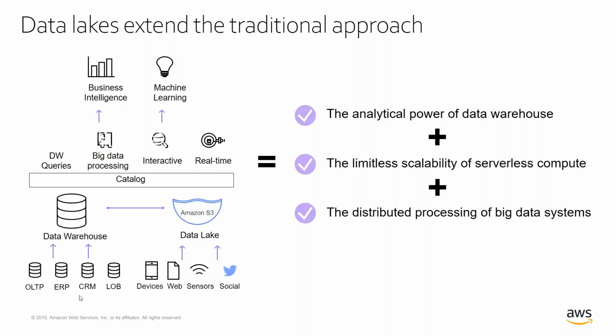So they can coexist. So you can continue to bring your data from your traditional databases into the data warehouse, and you can bring some of your, let's say, unstructured data into the data lake storage, such as S3, and start building your data lake. But then there is something interesting that's happening in the industry, which is this horizontal line between the data warehouse and S3.